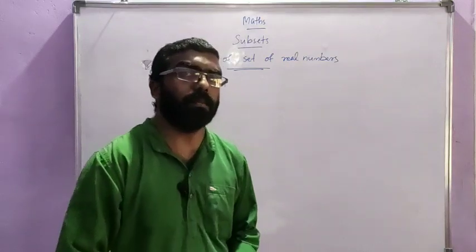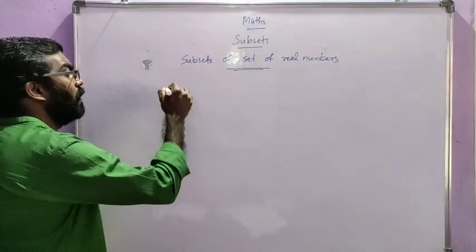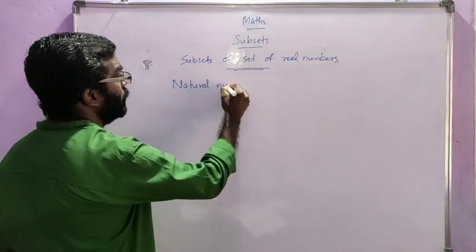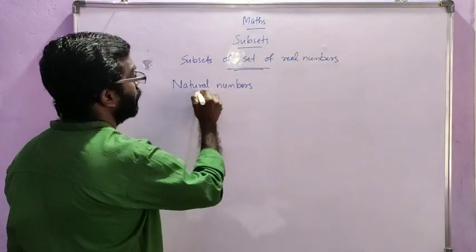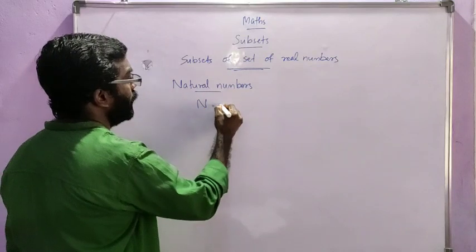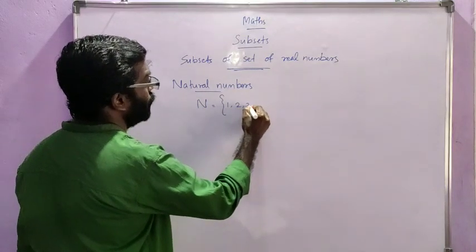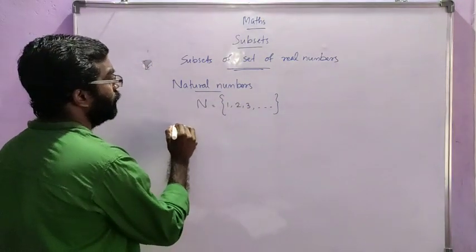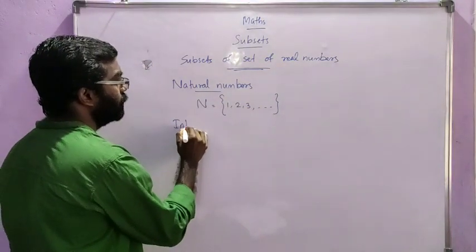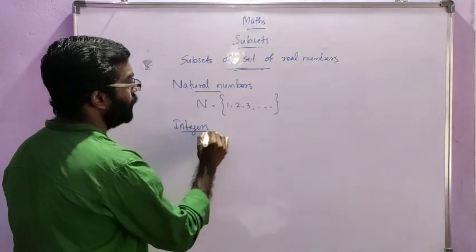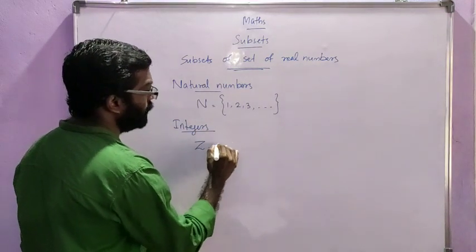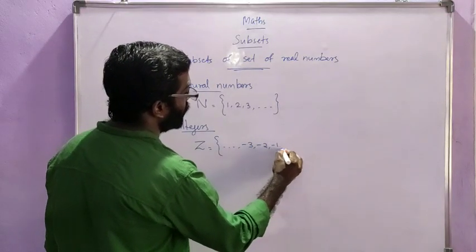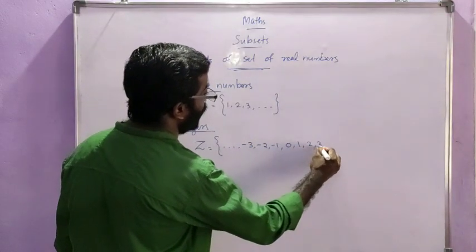There are many important subsets of R, namely the set of all natural numbers, that is N equals the set 1, 2, 3, etc. And the set of integers. Integers are denoted by the letter Z. Z is equal to the set etc., minus 3, minus 2, minus 1, 0, 1, 2, 3, etc.